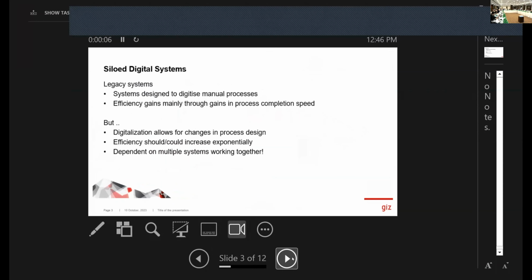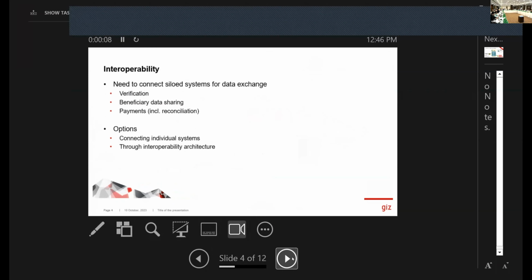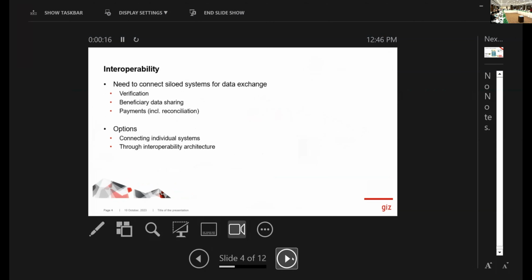Perfect. If you could go to slide 4, one more. There. Thank you. So as I was saying, for interoperability, to gain these efficiencies, we see that we need to connect these siloed systems for data exchange. So for many functions, one could be verification. When we need to verify, let's say, the identity of a beneficiary, you could have one system talking to another system to verify.